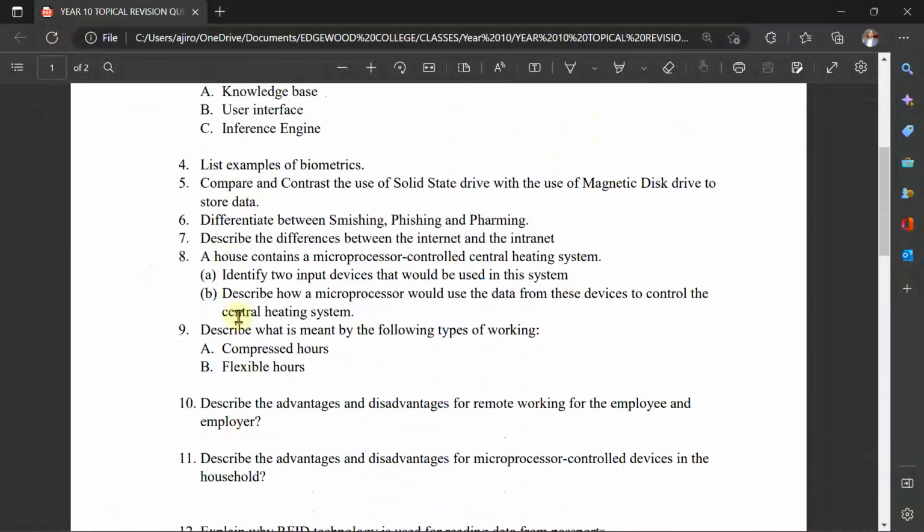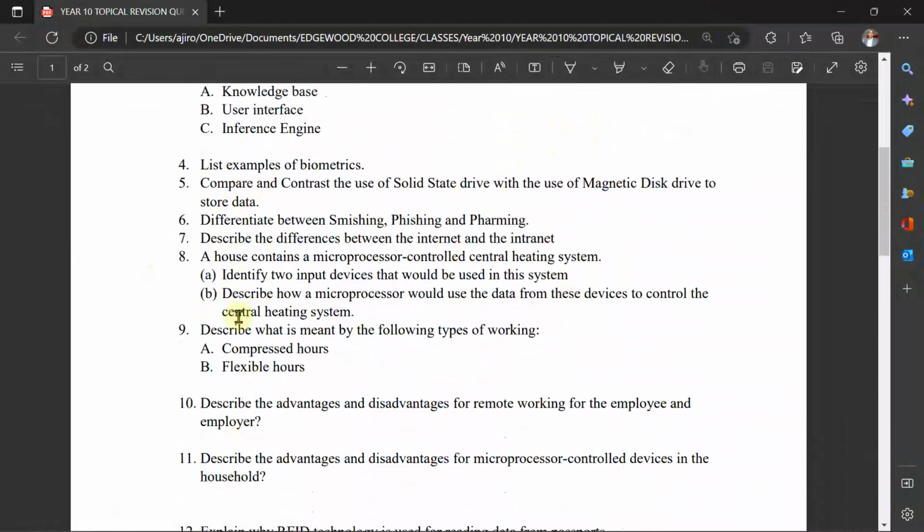Pharming is when malicious code is installed on your computer, misdirecting the user to fraudulent websites without their knowledge or consent. The aim is for users to input their personal information and to cause harm to them or to defraud them, as the case may be. They are both used for fraudulent activities. You need to know that.